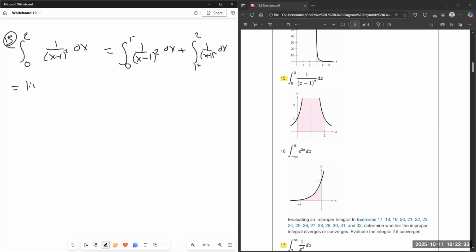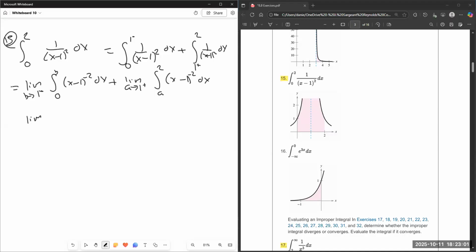This is limit as b approaches 1 from the left of the integral 0 to b, x minus 1 to the negative second, plus limit as a approaches 1 from the right, integral a to 2, x minus 1 to the negative second, dx on both of these.